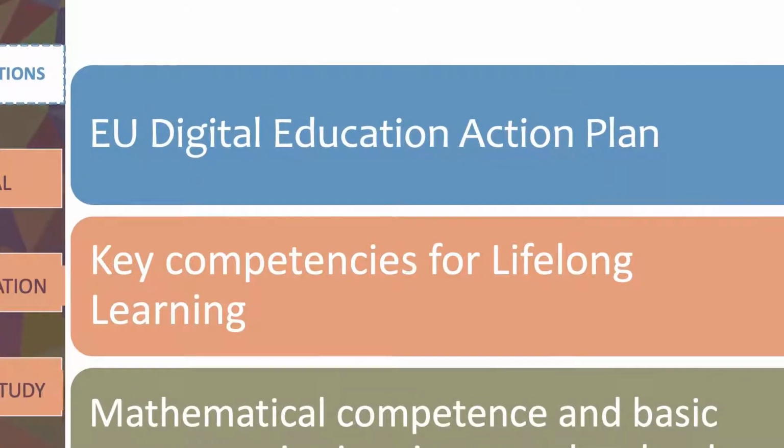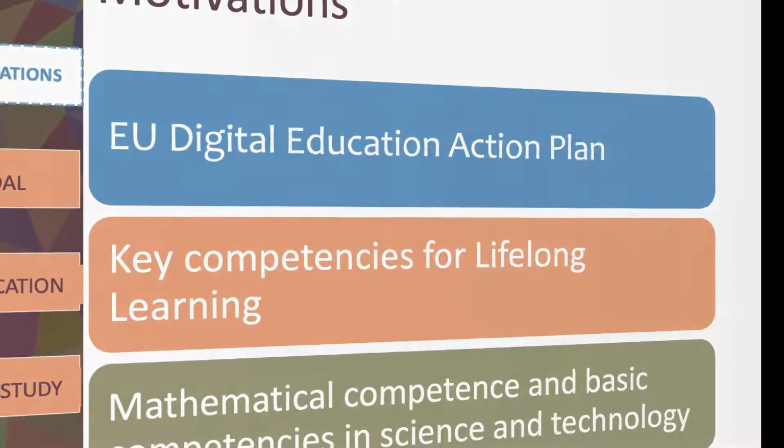The motivations of this research paper are in the European Digital Education Action Plan that has defined the key competencies for lifelong learning, and among these key competencies that each European citizen should have, there are mathematical competencies.